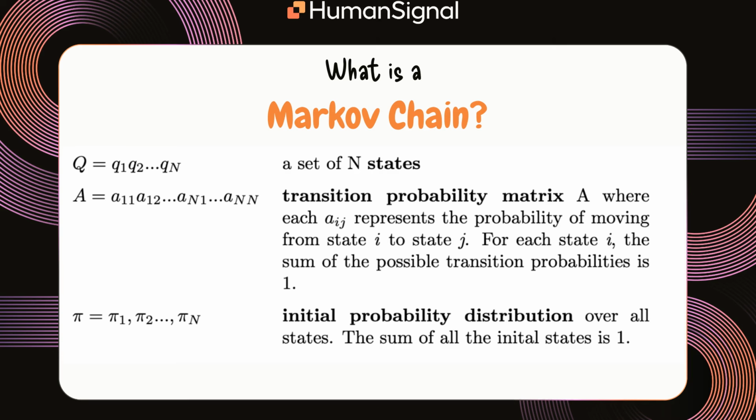Big A representing the transition matrix, where each little a sub ij represents the probability of moving from state i to state j, such that for each state i, the sum over all states j of the transition probabilities from state i to state j is equal to 1, and pi, an initial probability distribution over the states, where pi sub i is the probability that the system starts in state i. Some states may have 0 for this value because it may not be possible to start in that state. Additionally, the sum of the pi values must be equal to 1.